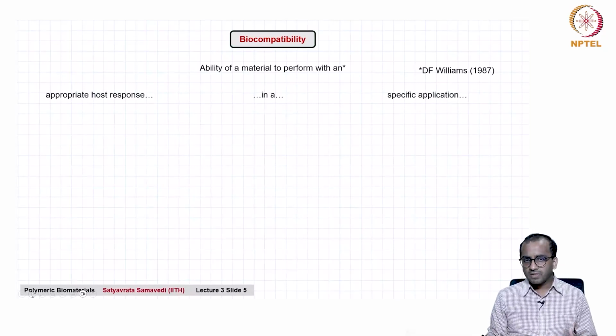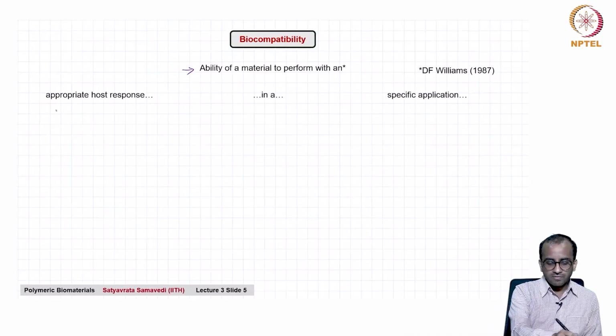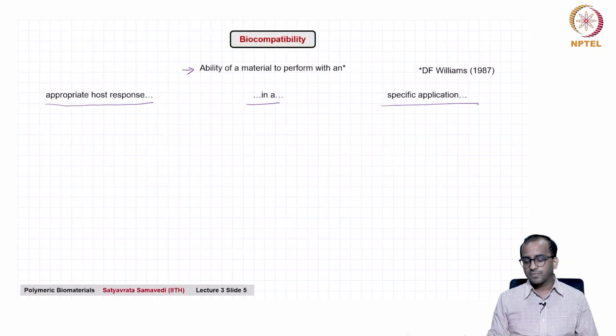With that, we will start with the first word, biocompatibility. Now, this word is used quite a bit, very often incorrectly in regular everyday language, so to speak. But the most widely accepted definition of this is the ability of a material to perform with an appropriate host response in a specific application, right?